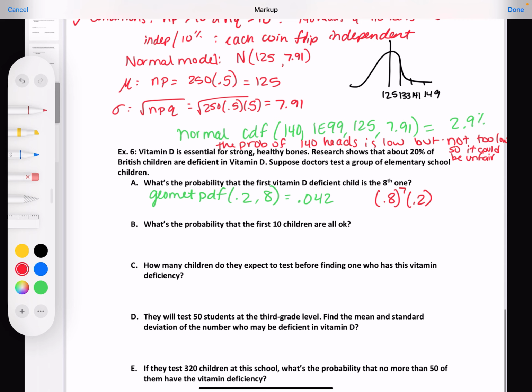And which function did you say to use? Not PDF. CDF. Yep, CDF. I still have trouble figuring it out. So PDF is if we want one specific thing, but CDF is when we're adding up all of them.